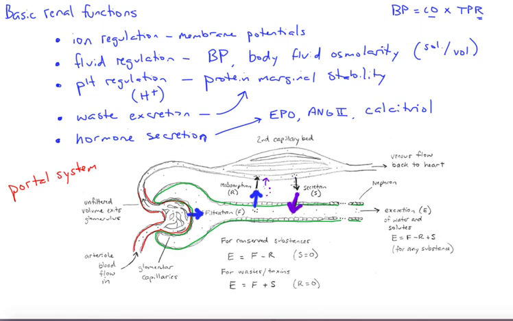We could actually add to that by the process of secretion. So secretion is the process of adding solutes to the nephron that weren't filtered. Reabsorption is the act of removing solutes from the content that was filtered. So reabsorption is taking things out of the nephron. Secretion is putting them into the nephron.